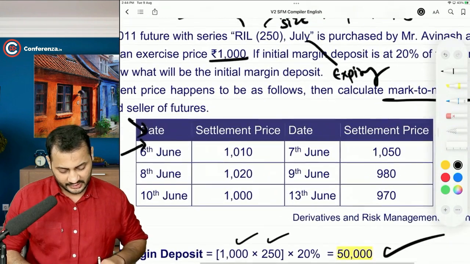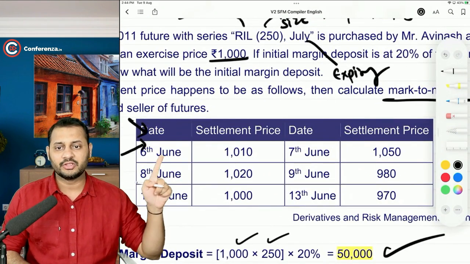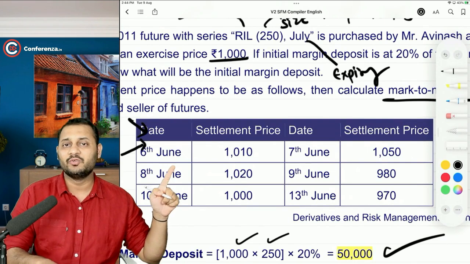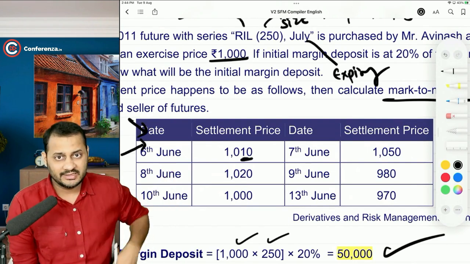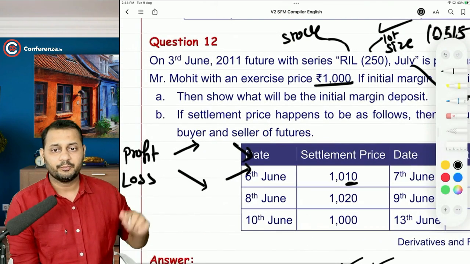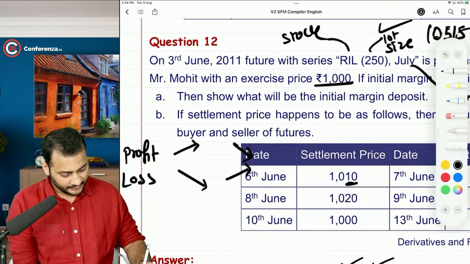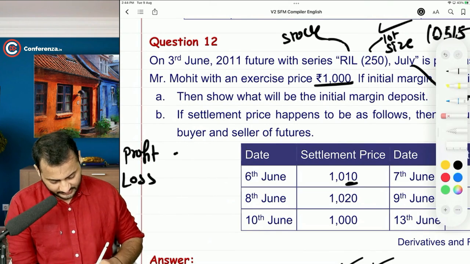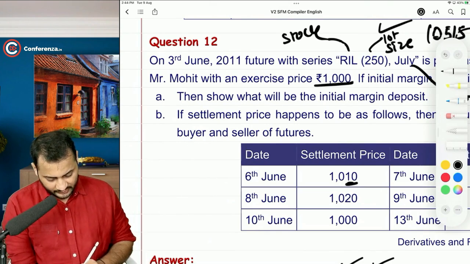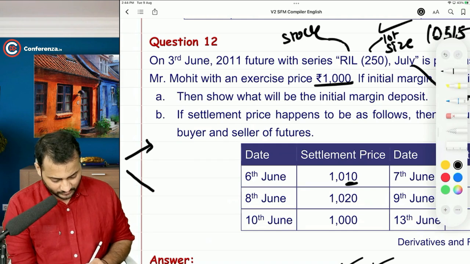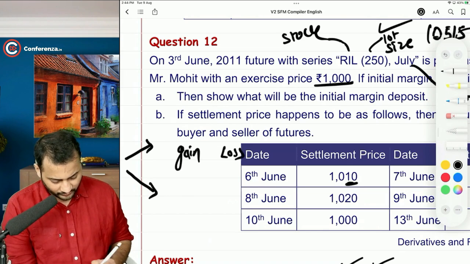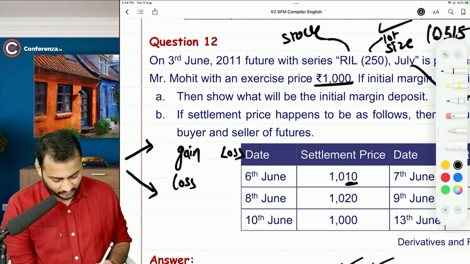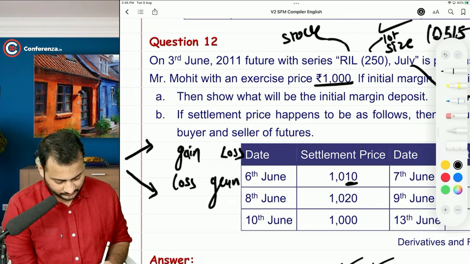Now understand. You started with 1000 rupees, on the very next day it went up to 1010. That means an increase of 10 rupees. So the price went up, there will be a profit. Let me just present it in a different manner. If the prices are going up, it will be a gain for the buyer, loss for the seller. And if it is going down, loss for the buyer, gain for the seller.